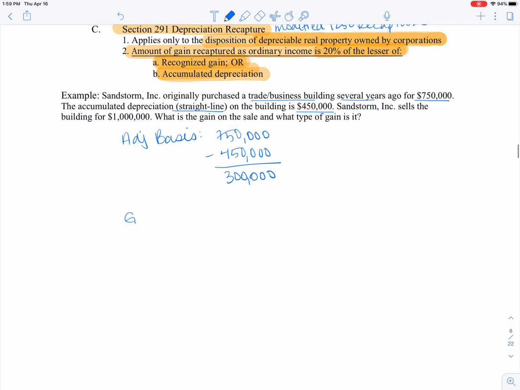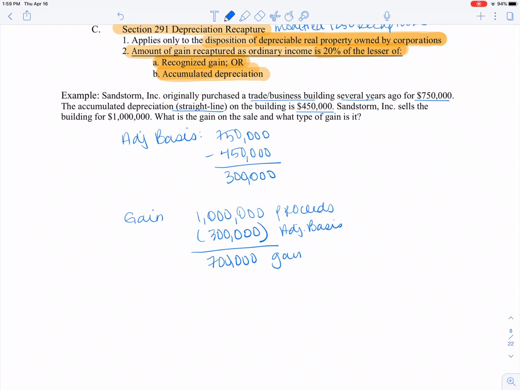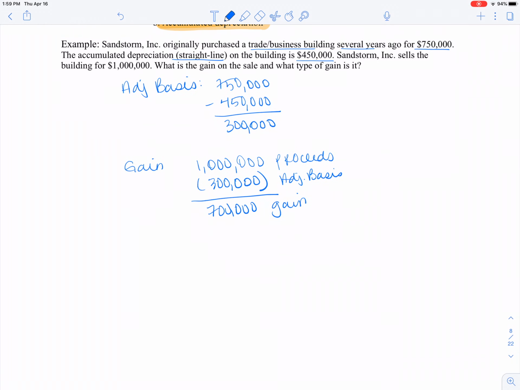Then when we're calculating the gain, we get $1 million in proceeds minus our adjusted basis of $300,000, which gives us a $700,000 gain. And the question is, what do I do with this gain? How am I going to tax this gain?